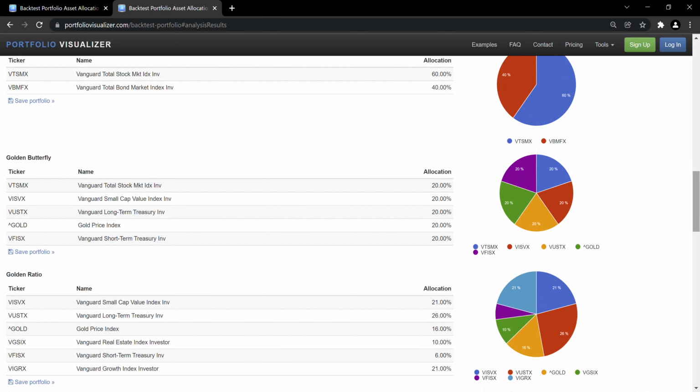One thing I do caution you in using this is that if you don't have much data for an analysis, it's not going to be very telling, if you will. And one of the drawbacks to this particular analyzer is it doesn't have a lot of data that goes back to the 1970s, which was really the worst period for most stock bond type portfolios.